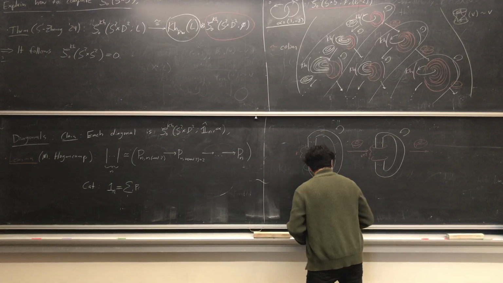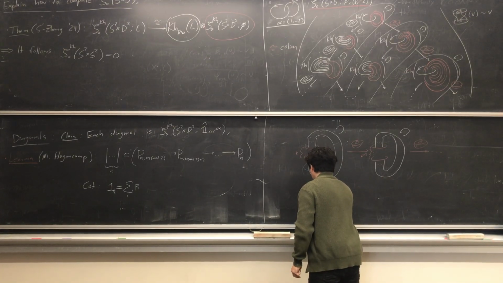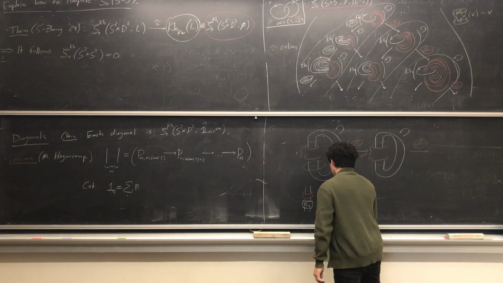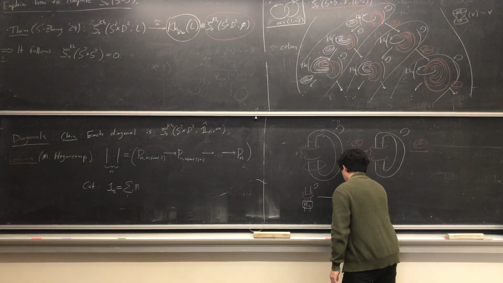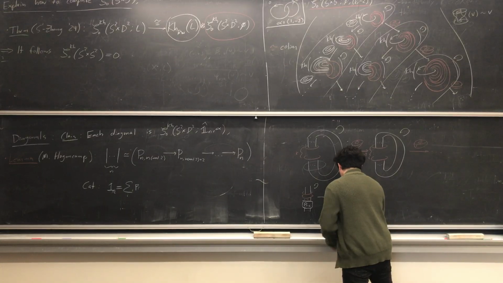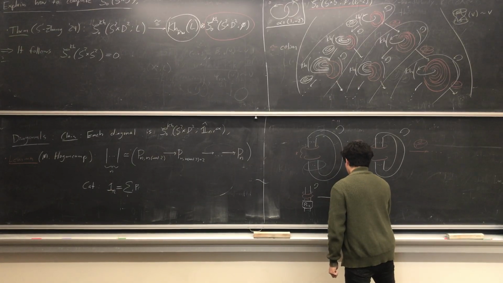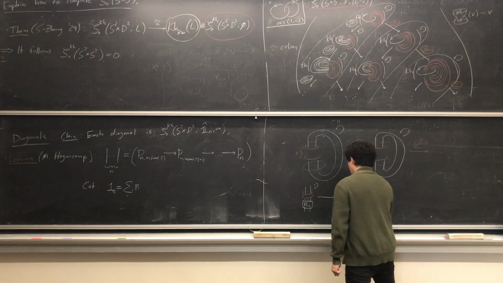There's maybe not a great way to draw that, so maybe I'll just draw, I now have something that looks like this, and k plus 2, and so on.